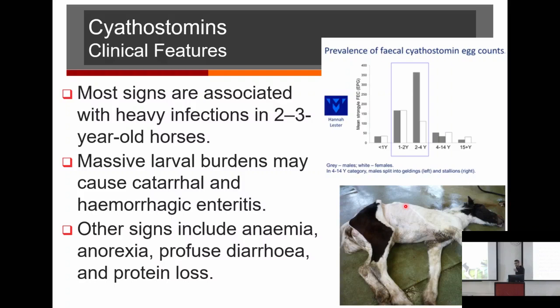You will see a high larval burden, and that will cause hemorrhagic enteritis, and other signs will also be seen like anemia and anorexia. You will see profuse diarrhea and protein loss. So these are the most important signs you will see in this disease.